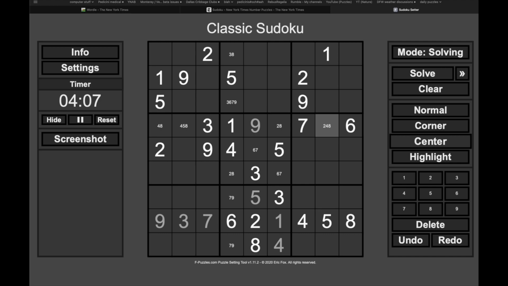Okay, I'll next try row 5 because that's also got a lot of digits placed. 2, 4, 5, 9 are placed. I need 1, 3, 6, 7, and 8. This is not 3. I have nothing of 1, 3, 6, 7, 8 in a row.